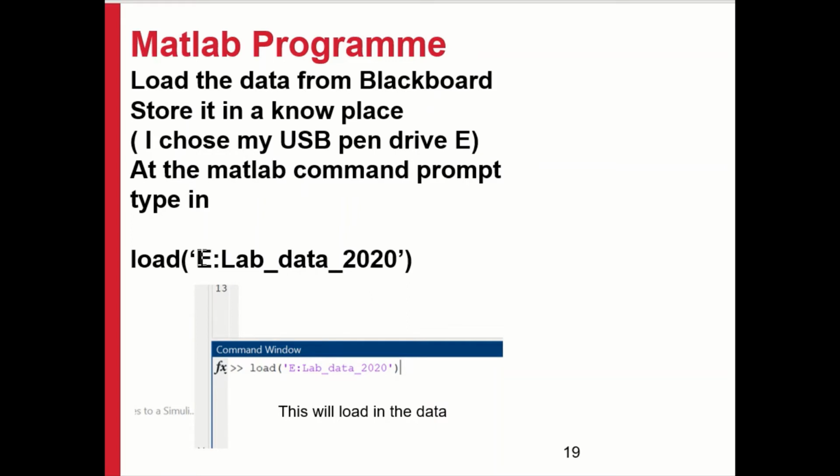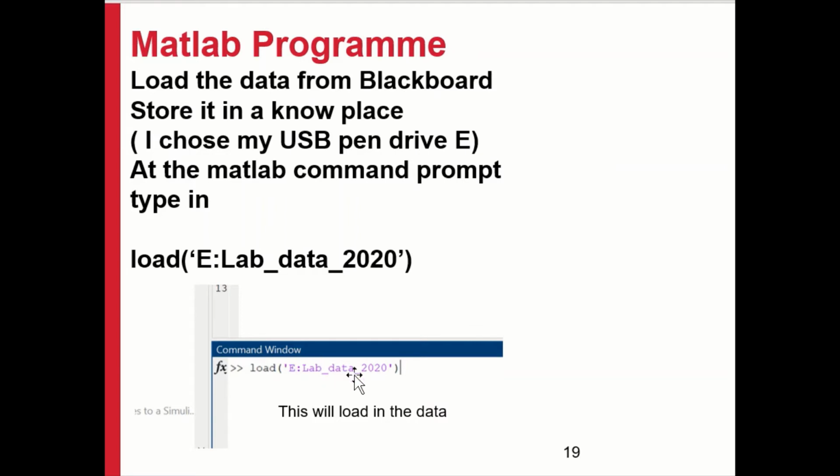When you put the USB pen in, it will have a drive letter like an E or a G. You need to know what that is, and then at the MATLAB command prompt, type load, open round bracket, single quote, then the directory it's in, and then the name of the file, with a single quote.